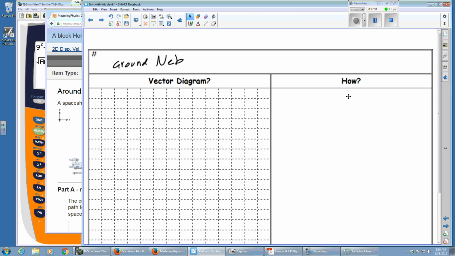So we went this way as A, and then up this way as B, and they want to know the resultant C. Now, when I look at this, I see a non-right triangle. How can I make it a right triangle? Any ideas? How do I make that a right triangle?